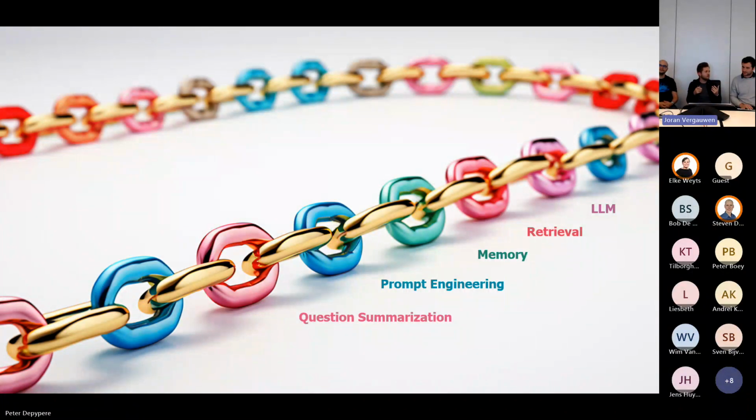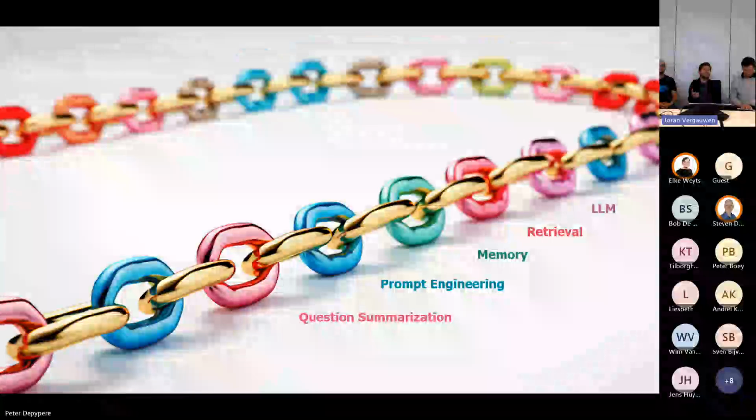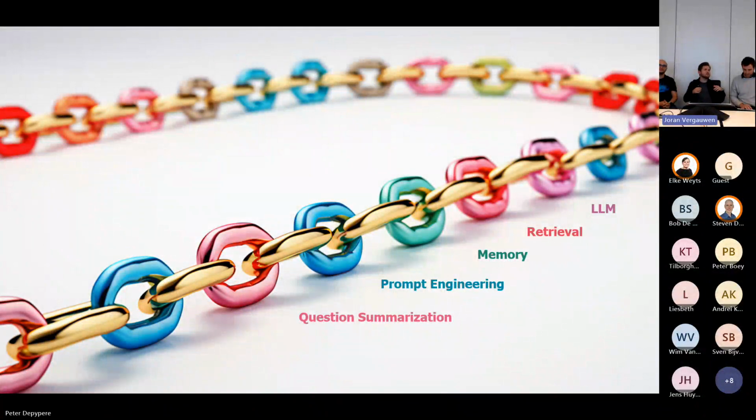And the framework that we're going to use for that, it's not really software, it's more of a framework, is called, believe it or not, LangChain. You can see all of the individual pieces of the chessboard that we've already been talking about today as a colored chain in the chain that you're creating. For example, you might have question summarization, prompt engineering, retrieval, your LLM, and so on.